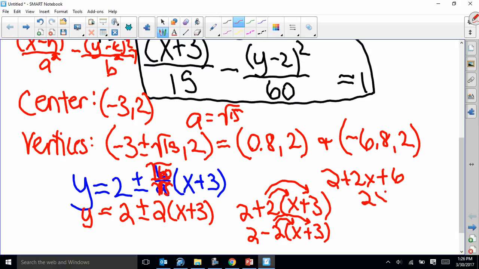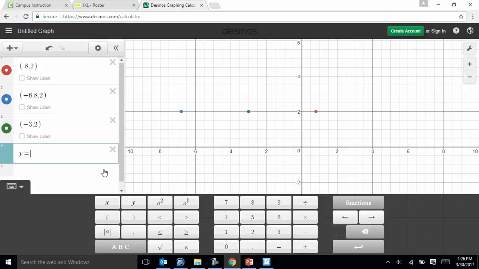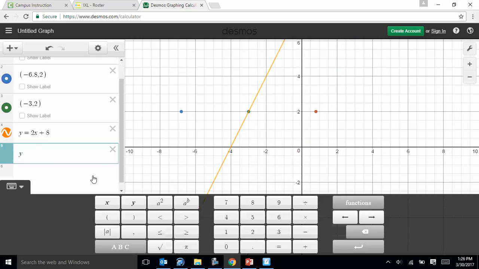So this works out to be y equals 2x plus 8 for one, and then y equals negative 2x minus 4 for the other one. And that's always a good thing when they go through the center.